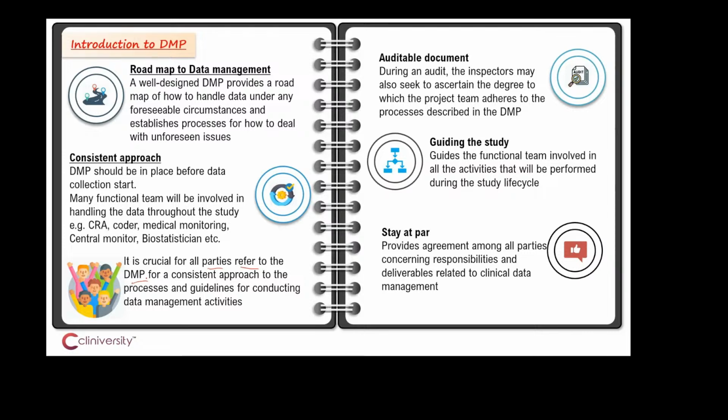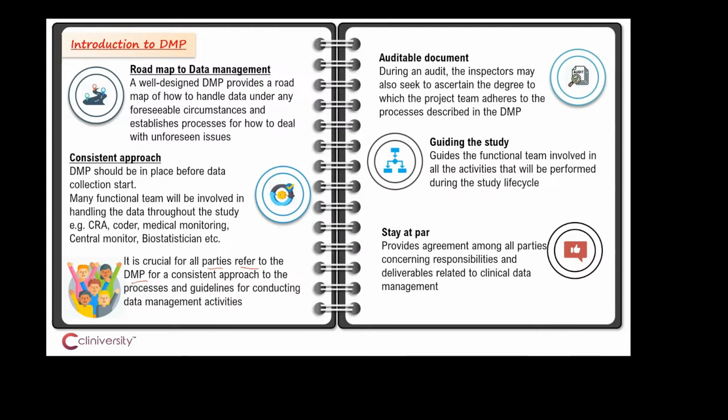Now, the DMP is an auditable document, as mentioned at the start of the session. When we say the DMP is an auditable document, what basically happens is the auditor who is investigating the clinical data management practices will consistently compare the degree to which the project is following the process steps that are mentioned in clinical data management.